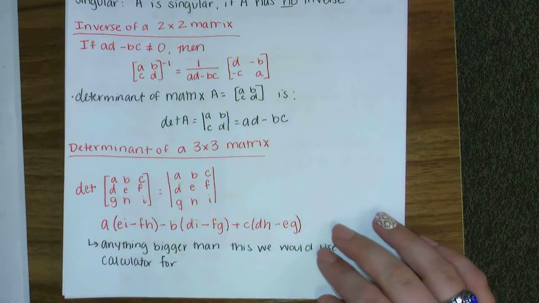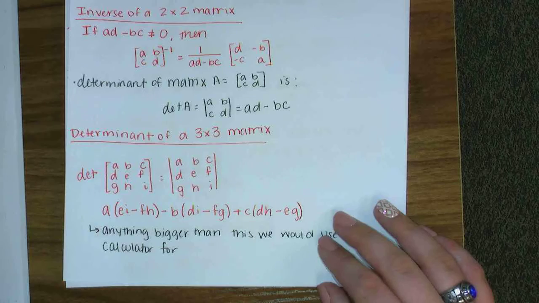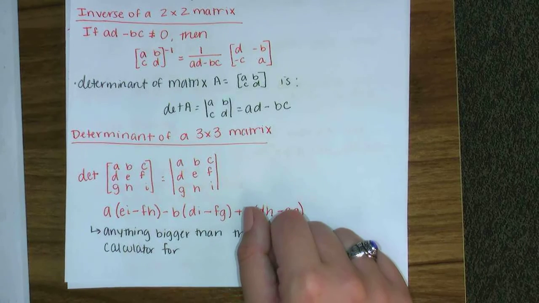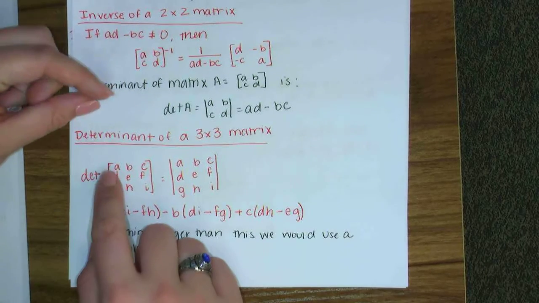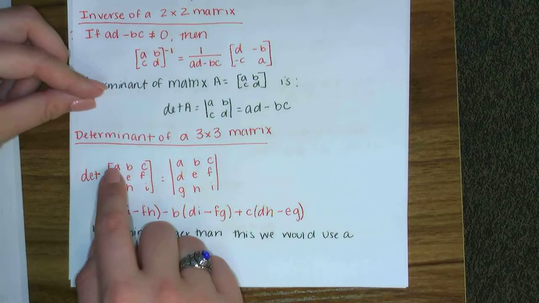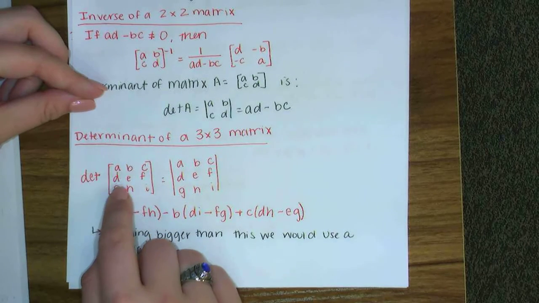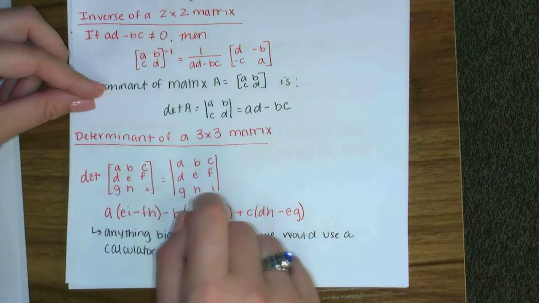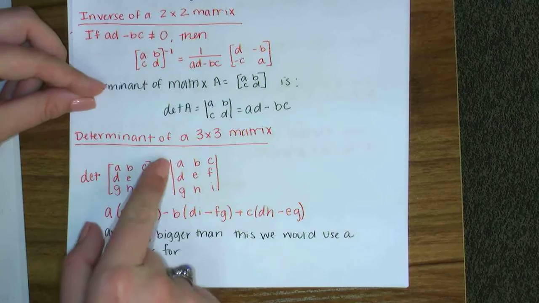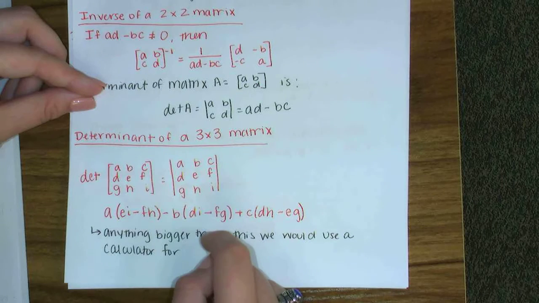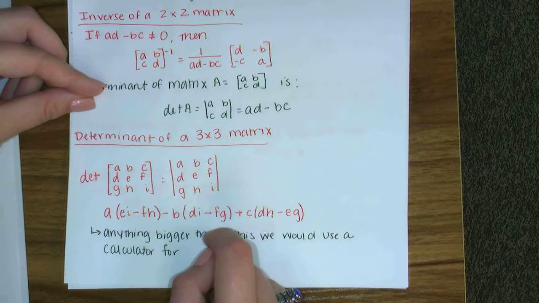The determinant of a 3 by 3 matrix. This is the only other type that you would have to do for a determinant by hand. The process it follows is a bit weird, but we have this matrix with all these letters in alphabetical order. When we're taking the determinant, we write bars that almost look like absolute value bars to denote that we're taking the determinant.